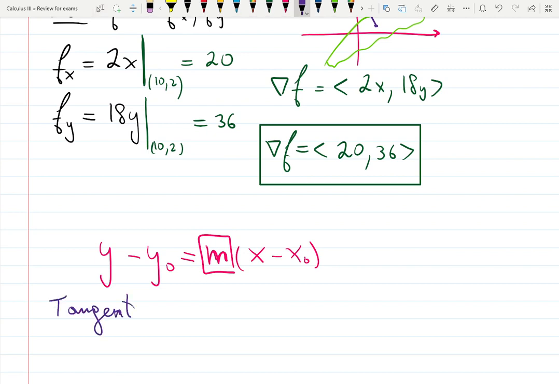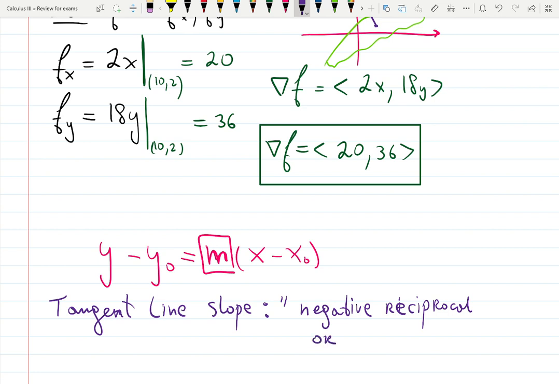If the tangent line is perpendicular to the gradient, then you can use the idea that the tangent line slope can be found from the negative reciprocal of the gradient we found.